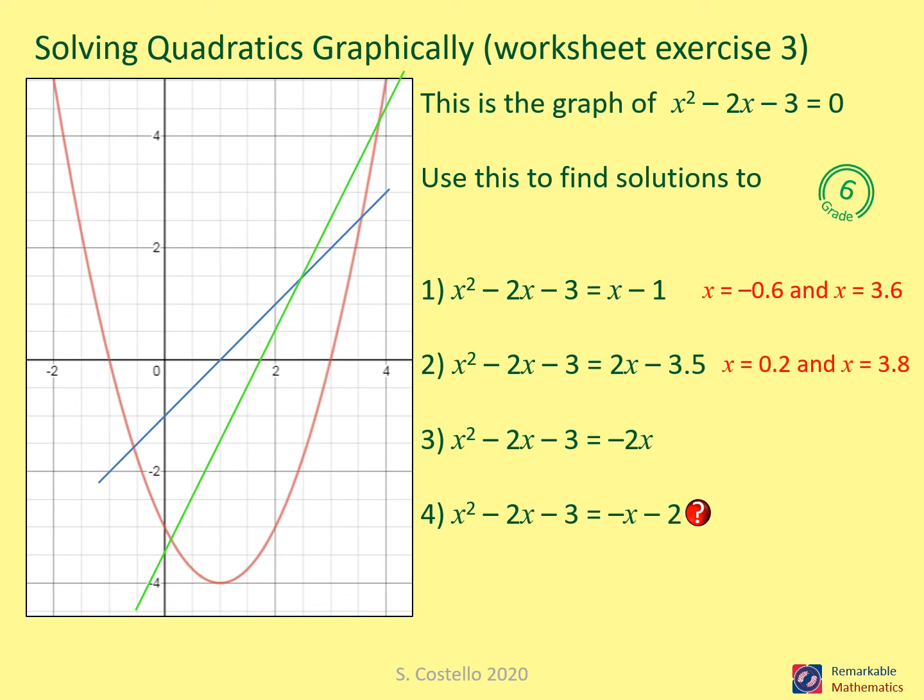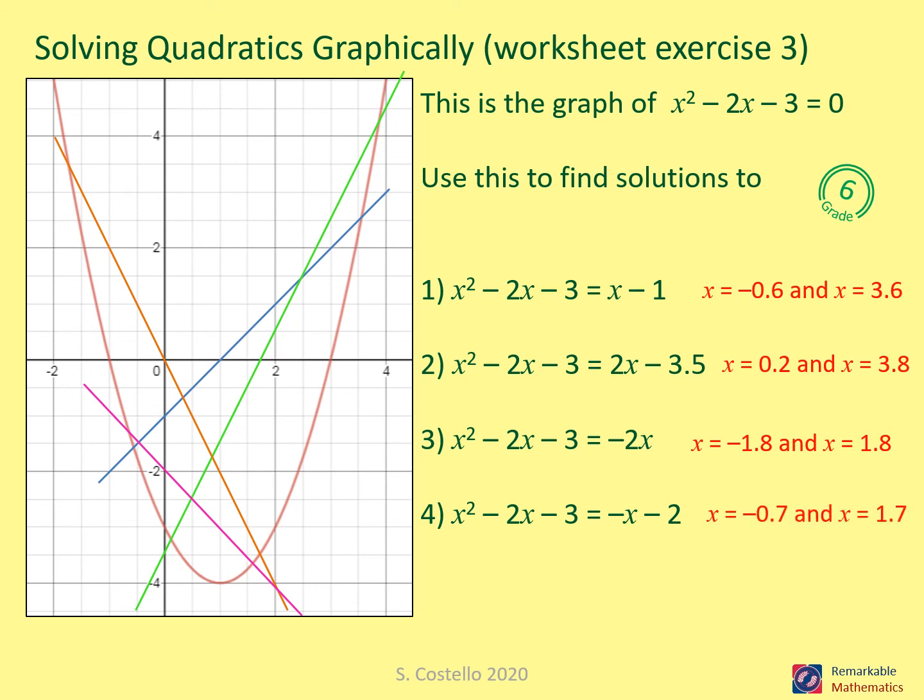Question 3, the line you plotted should look like that, and it is x equals minus 1.8 and x equals 1.8. And for question 4, there's our line. We have the two values x equals minus 0.7 and x equals 1.7.